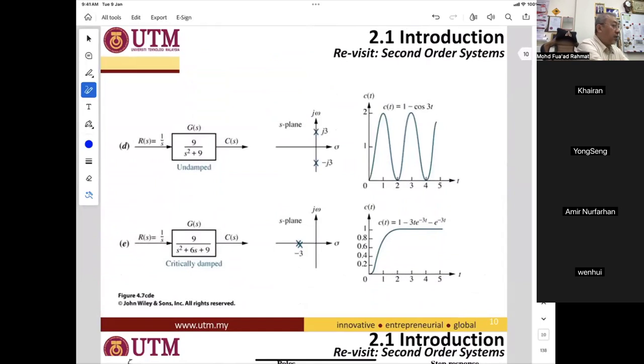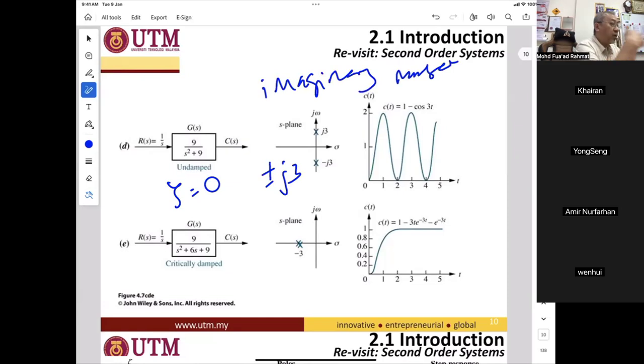The third one is undamped, where zeta is equal to 0, meaning no damping. The location of the poles is plus minus j3, where there is only an imaginary number and no real part.